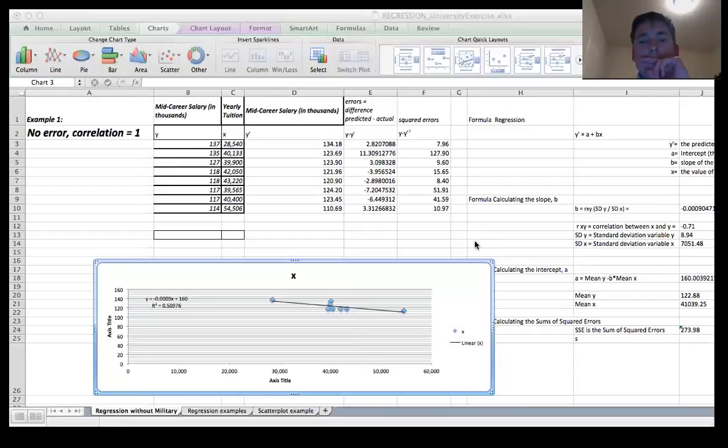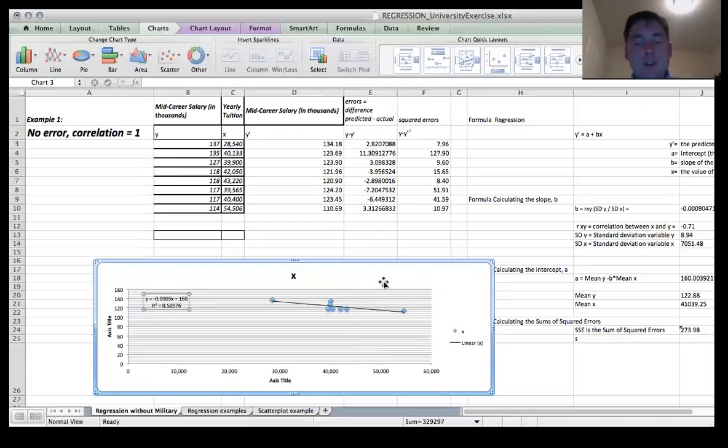What do you guys think? How much of the variation of the salary can we explain with tuition cost?